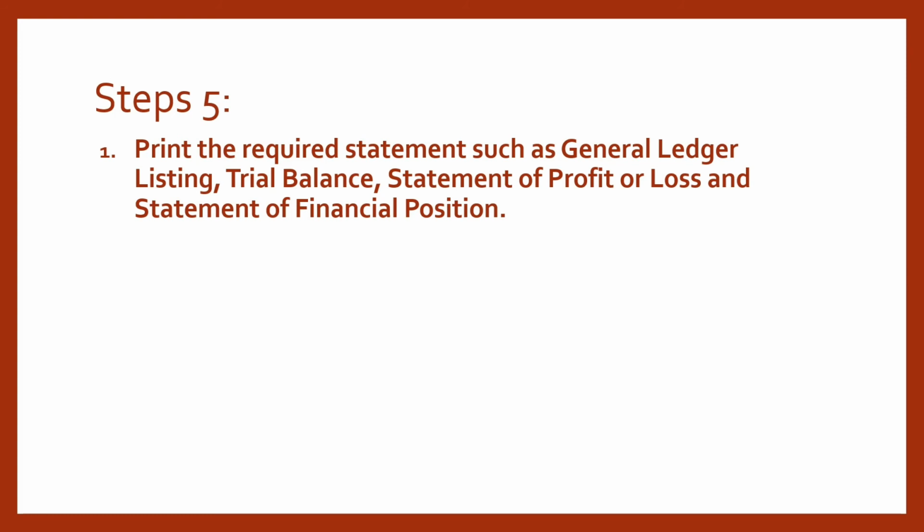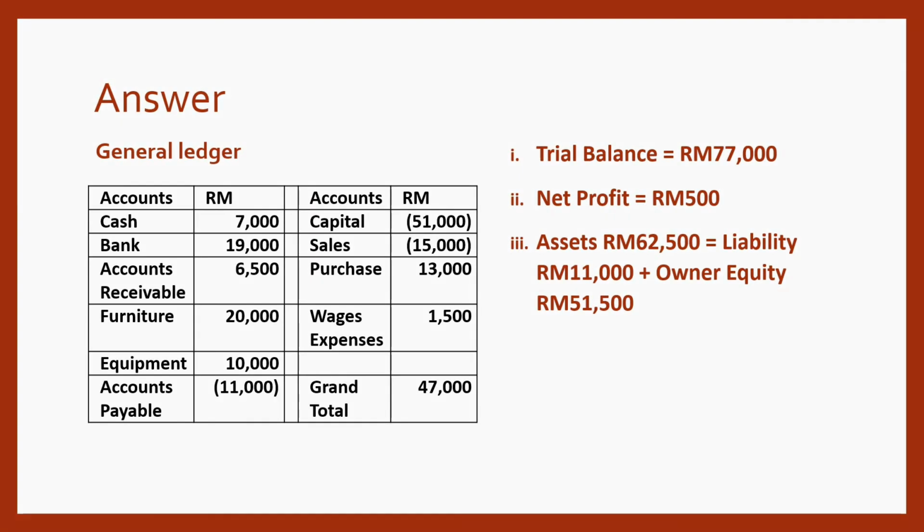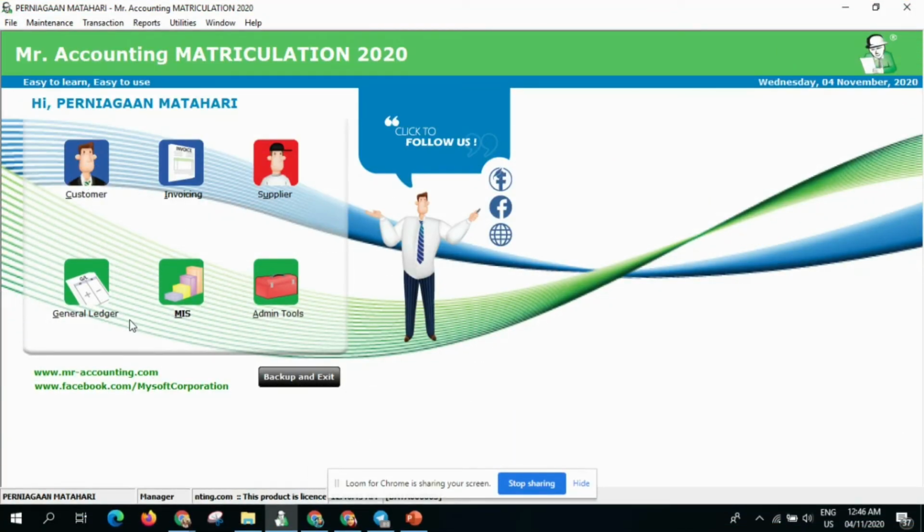Lastly, print the required statements such as general ledger listing, trial balance, statement of profit or loss, and statement of financial position. And then you can check your answer with the answer on the screen. Click General Ledger.